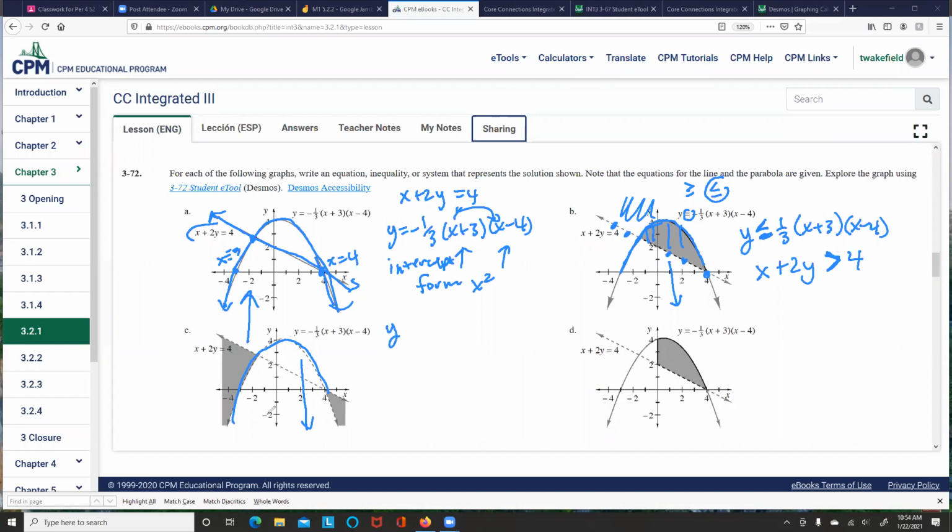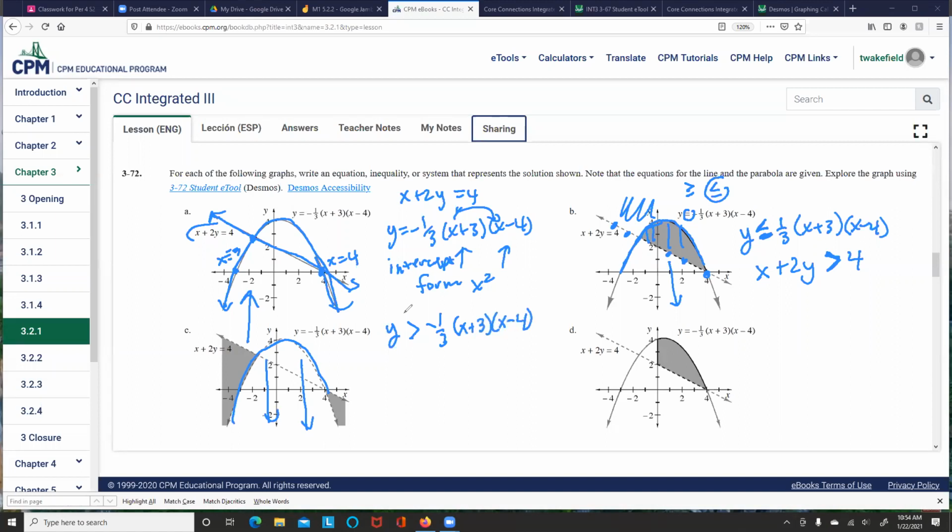It's going below the parabola. Whoa, I take that back. Less than would be inside the parabola, right? Isn't this shading outside the parabola? So we undo that shading. Outside the parabola would be greater than. So greater than negative 1/3 x plus 3 times x minus 4.